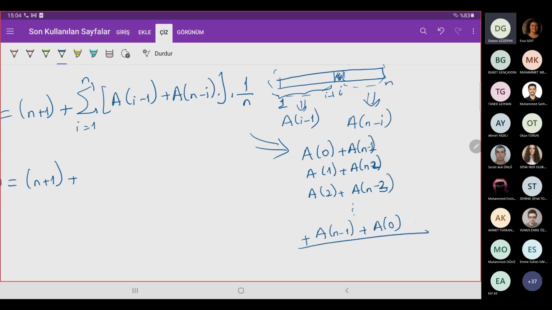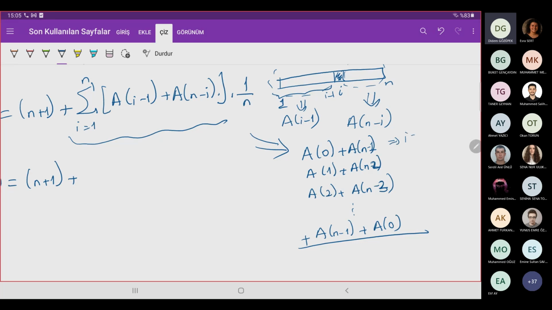So I actually sum all of these up. I'm talking about what this summation means; I have just written it out explicitly. For i equal to 1, the first term is A_0 plus A_{n-1}.